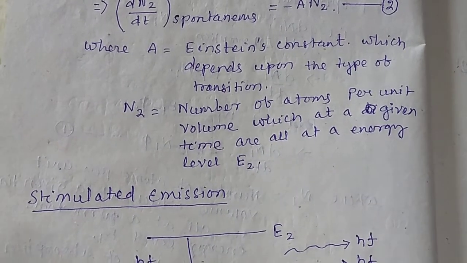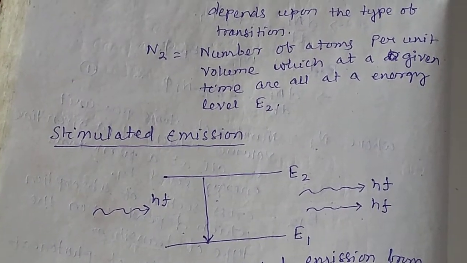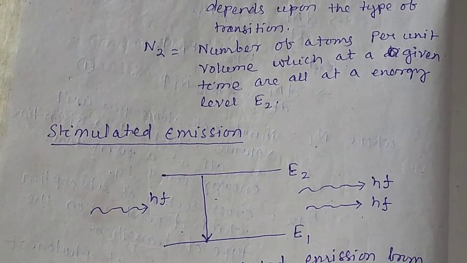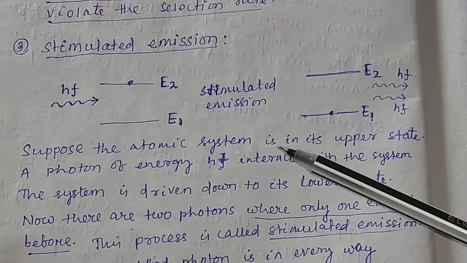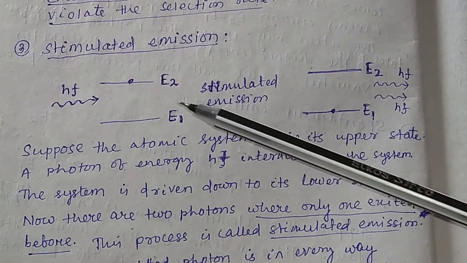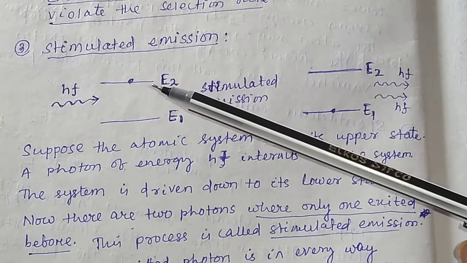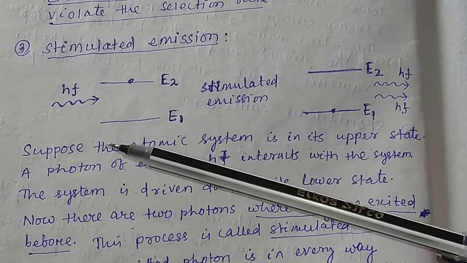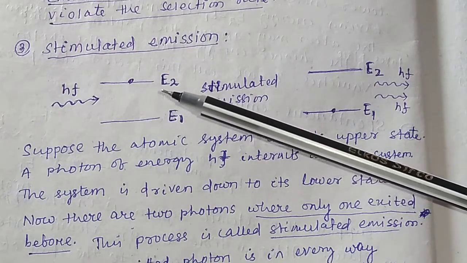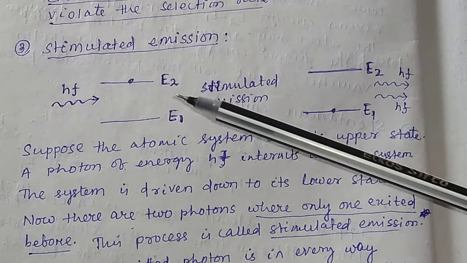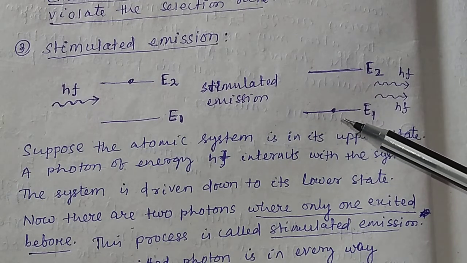Now we will discuss stimulated emission. We have discussed stimulated emission in detail in the previous video. What happens in stimulated emission? The atomic system is in its upper energy level, here at E2. Suppose a photon of energy hf interacts with this system, then the system is driven down to its lower energy state E1.